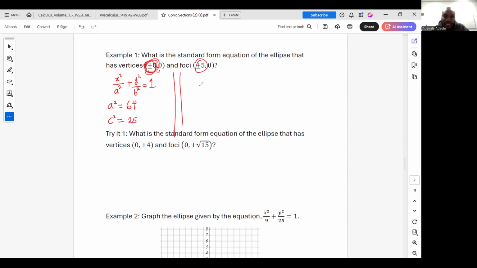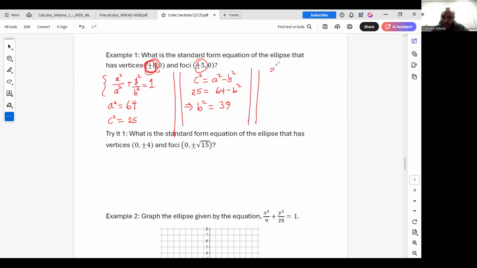However, remember that we can do C squared equals A squared minus B squared. So 25 equals 64 minus B squared, and that implies that B squared equals 39. I'm bringing everything together from here.